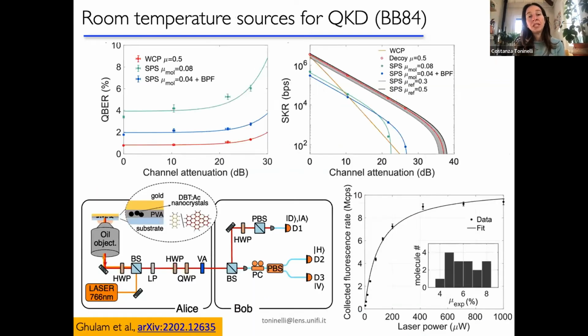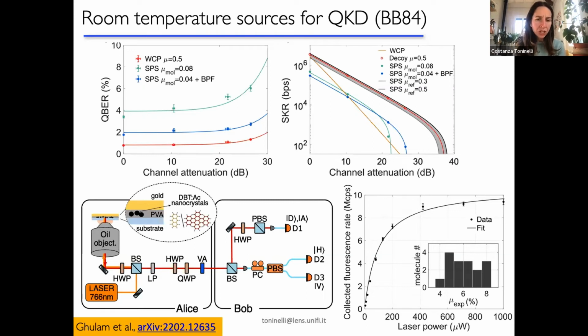Now, the second application that we have recently published is in QKD. We encoded information in the polarization states of photons, and we used the BB84 protocol to exchange the key between the two parties, the famous Alice and Bob.